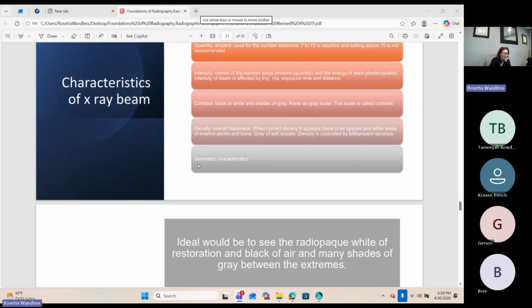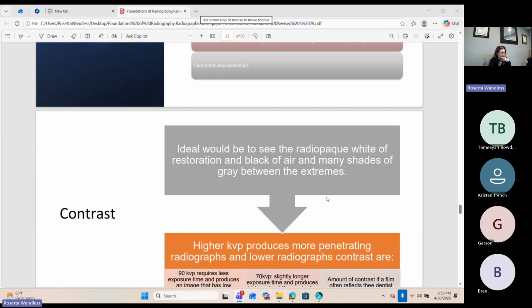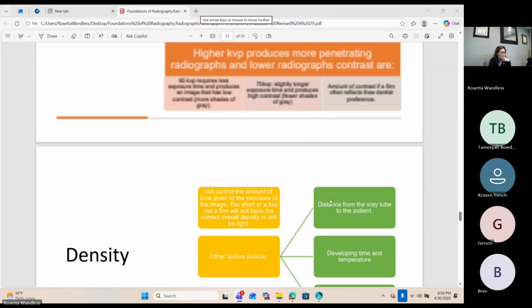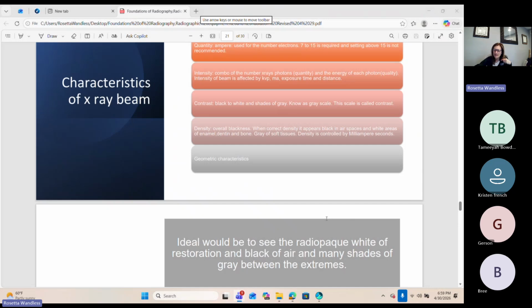You see my little slide here at the bottom? It says geometric characteristics. That means size and shape of things. So let's talk about the geometric characteristics. I may have to type this portion of it for you. For some reason, I'm not seeing where it should have come up.